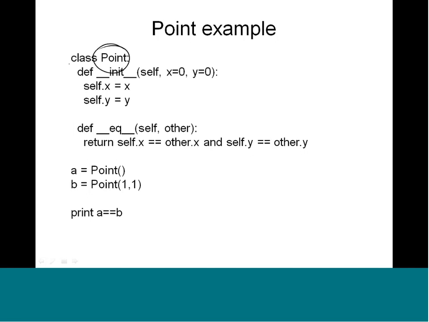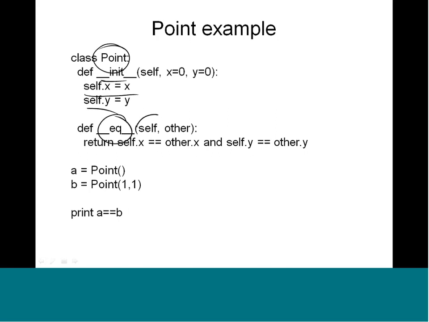So here we define a class called Point, and in its __init__, basically self.x is equal to 0 and y equal to 0, and then basically it returns self.x and self.y. Now we can also define the equal to testing.